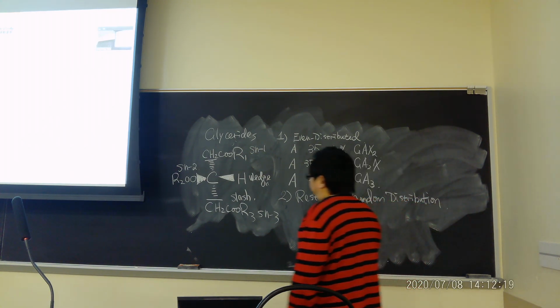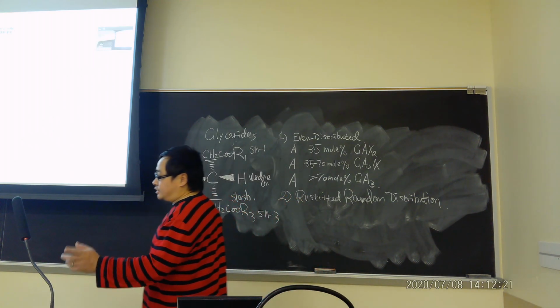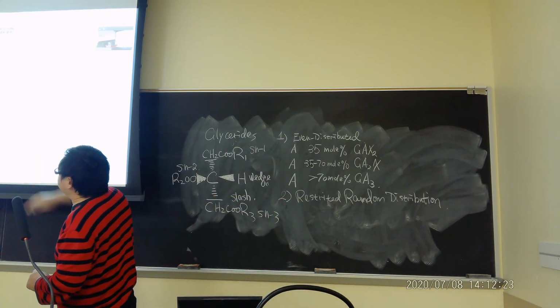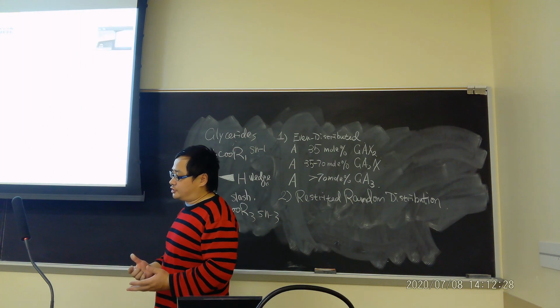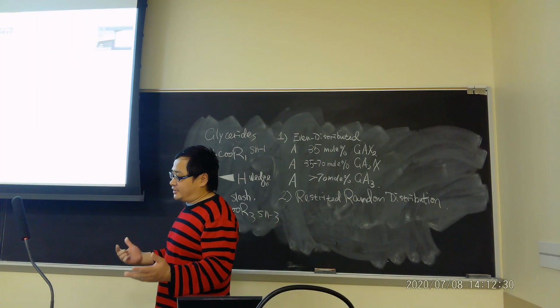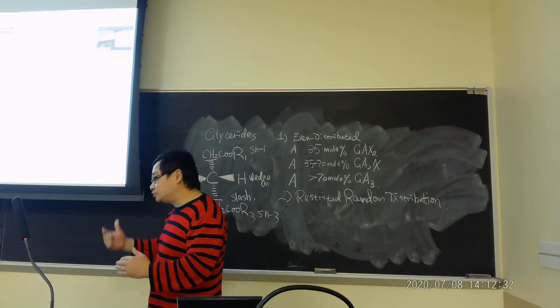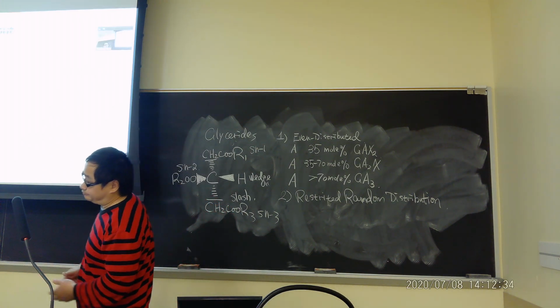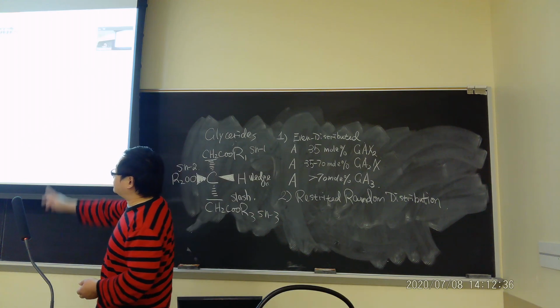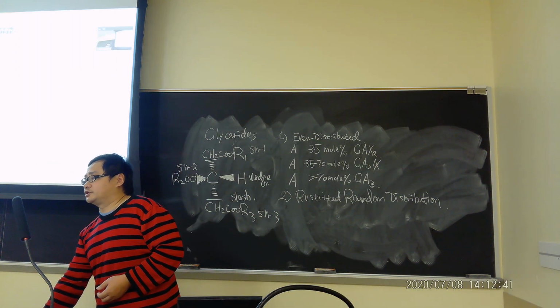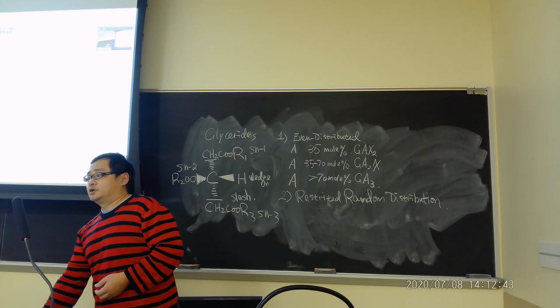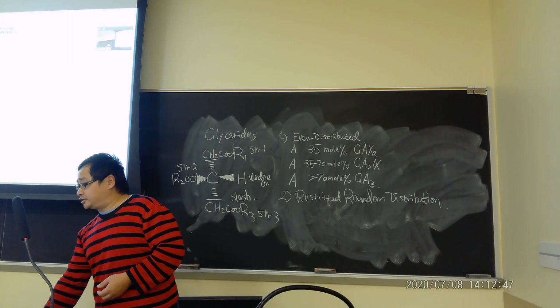What they found is that these three positions will usually be attached with different types of fatty acids. They have some rules that are easy to follow. For example, in vegetable oil, they found that the number 2 position is always unsaturated fatty acids. So 1 and 3 is either saturated or long chain monounsaturated.